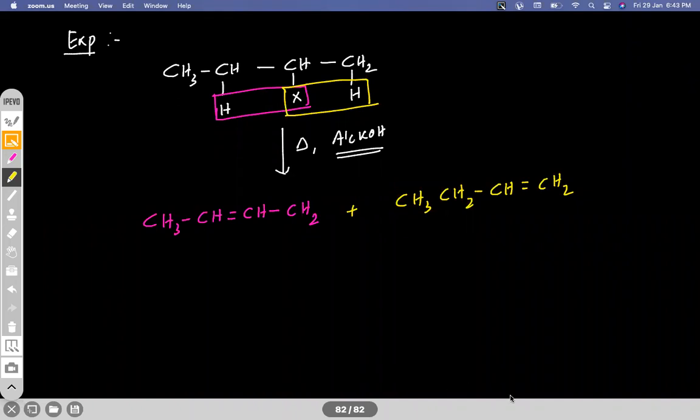How do we check the stability of an alkene? Hyperconjugation. For hyperconjugation, what do we check? Alpha hydrogen, isn't it? Yes. In this molecule, how many alpha hydrogens do we have?